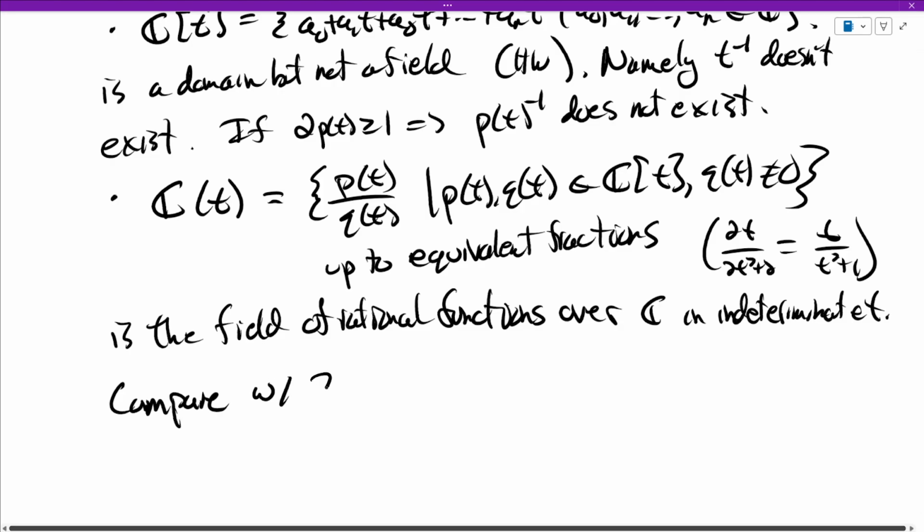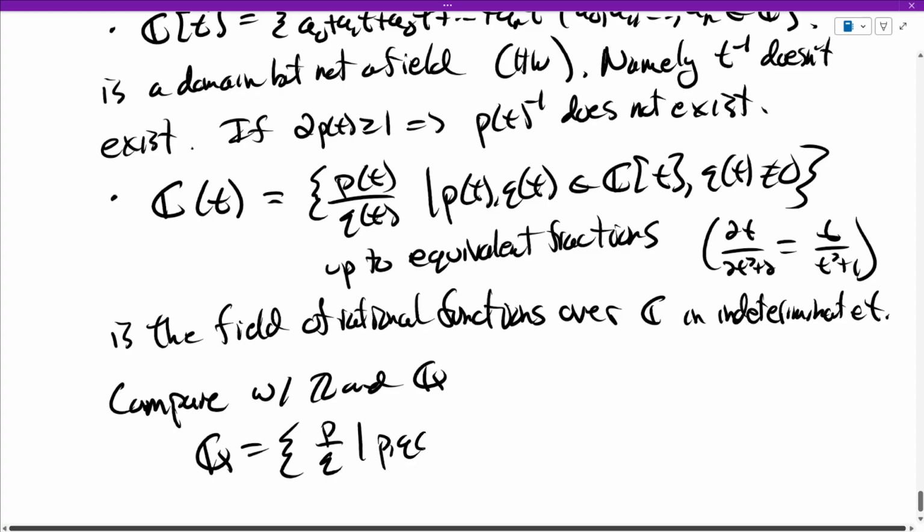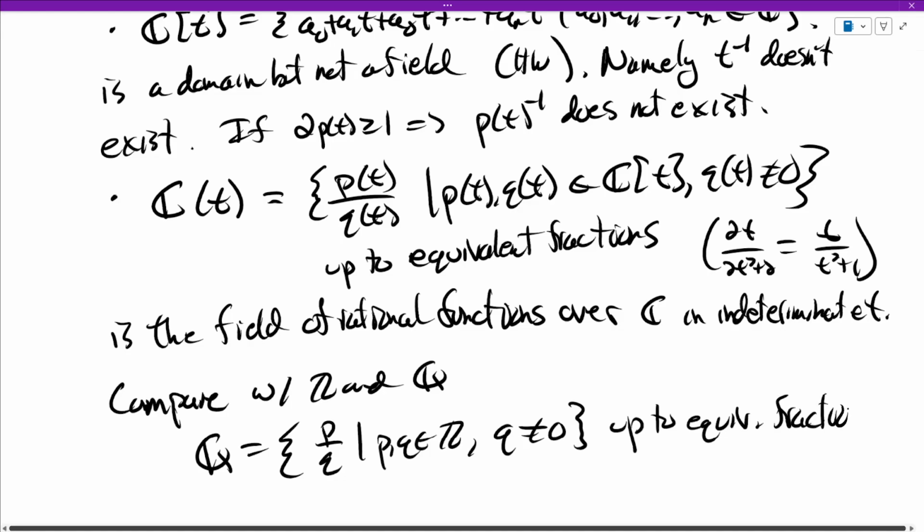I'm going to compare with Z and Q for a second. Namely, Q is the collection of all P over Q, where P and Q are in Z, and Q is not 0. And of course, it's up to equivalent fractions. So it's the same thing, right? Z is a domain.